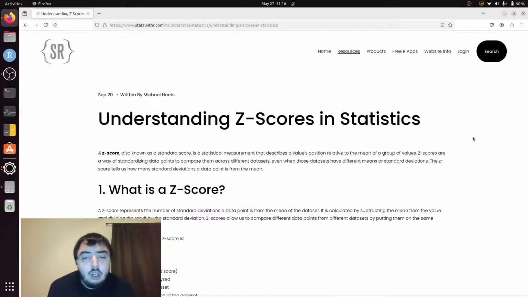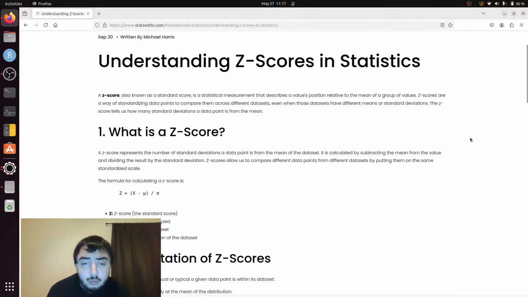So that's the standardization. The scores will have mean equal to 0 and standard deviation equal to 1, and that has some good properties for getting proportions of the data.